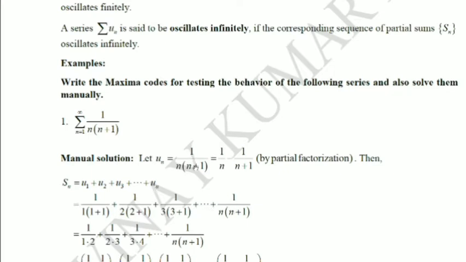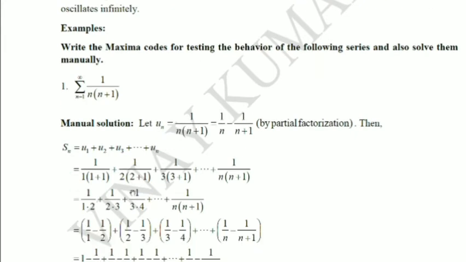But we have factored 1 by n into n plus 1 as 1 by n minus 1 by n plus 1. So here, instead of n, we are having 1. So what is the factorization of this? If you simplify this, you will get 1 by 1 into 2, that's it.